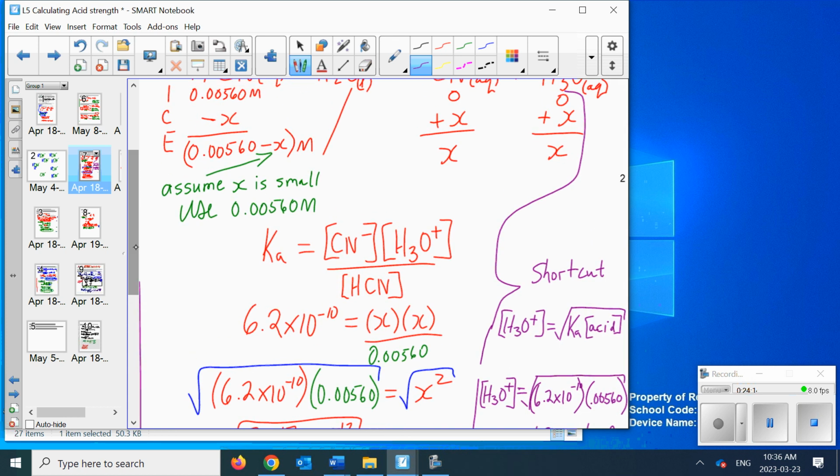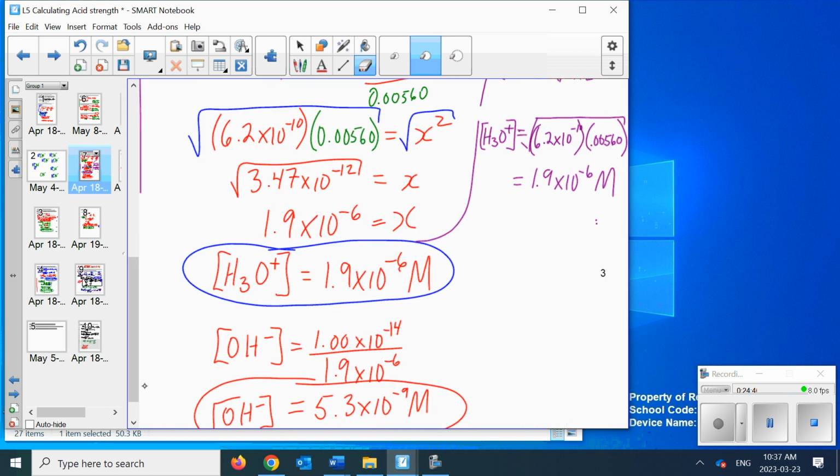I just made up an example. But if you take this, 1.9 times 10 to the minus 6, it would be like subtracting 0.0000019 from 0.00560. Does it change it? No, it's still 560-ish, right? The assumption holds true, right? I just made up a number earlier and made it way smaller, but I'm showing you that this assumption is good.